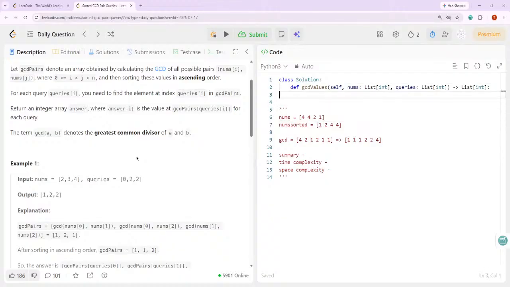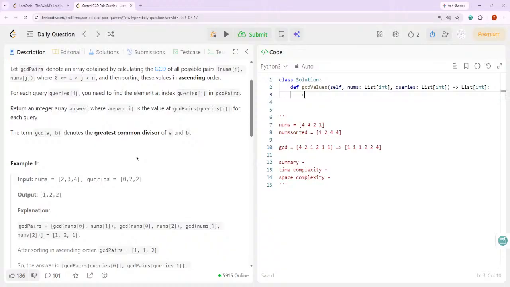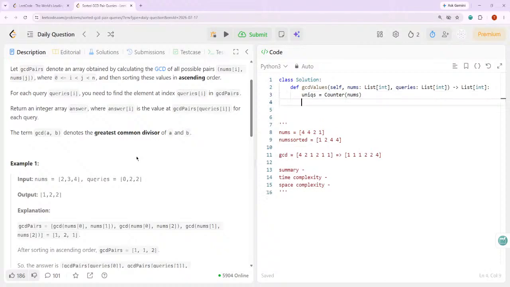Okay, so let's go ahead and say uniques is the counter of nums. So that gives me just the frequency table, value frequency pairings of the stuff in nums.